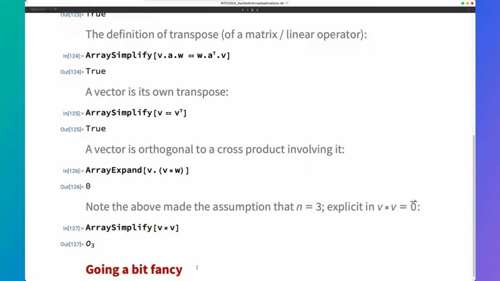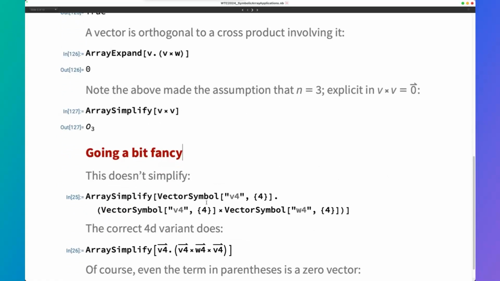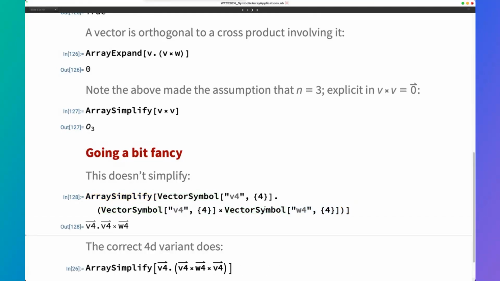Now, going a bit fancy, we can try this again, only this time we're going to say that our vectors, rather than being n-dimensional, are 4-dimensional. Well, then it doesn't do anything because it's like, I don't know what to do with this. It doesn't even make sense.